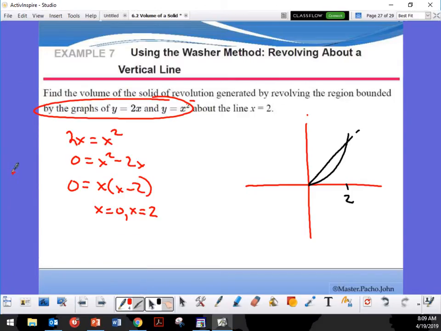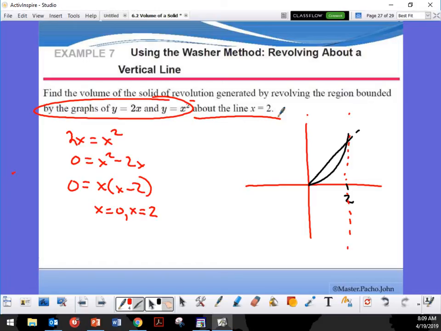So I'm going to draw a dotted line where x is equal to 2. That's going to be here. About the line. Now, the term about the line means that's what it's rotating around. So it's going to rotate around that. Now, that is a vertical line, right?